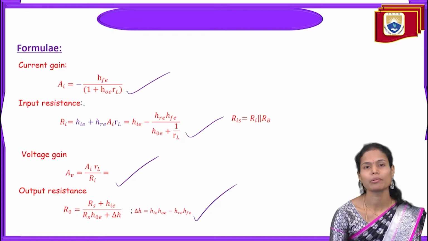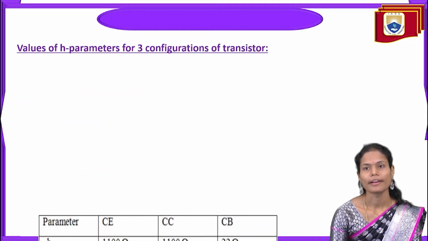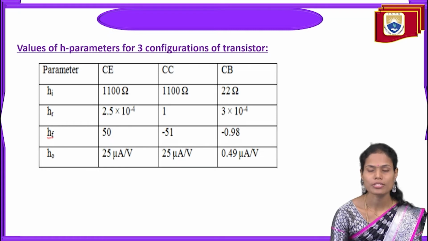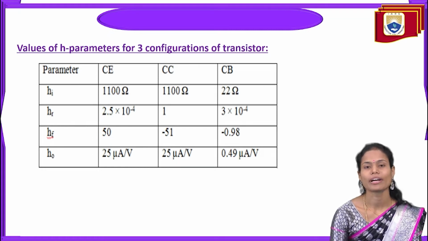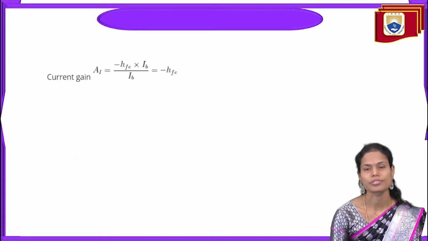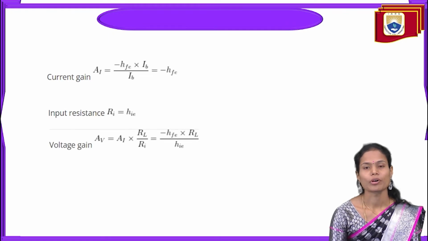This can be applicable for the first stage as well as the second stage, because the two stages are common emitter configuration only. To solve that problem, we require the H parameter values for the three configurations, which I am also mentioning here. By utilizing these formulas and this table, we can find the given parameters. This particular problem we have already discussed in the problems on multi-stage amplifiers session.